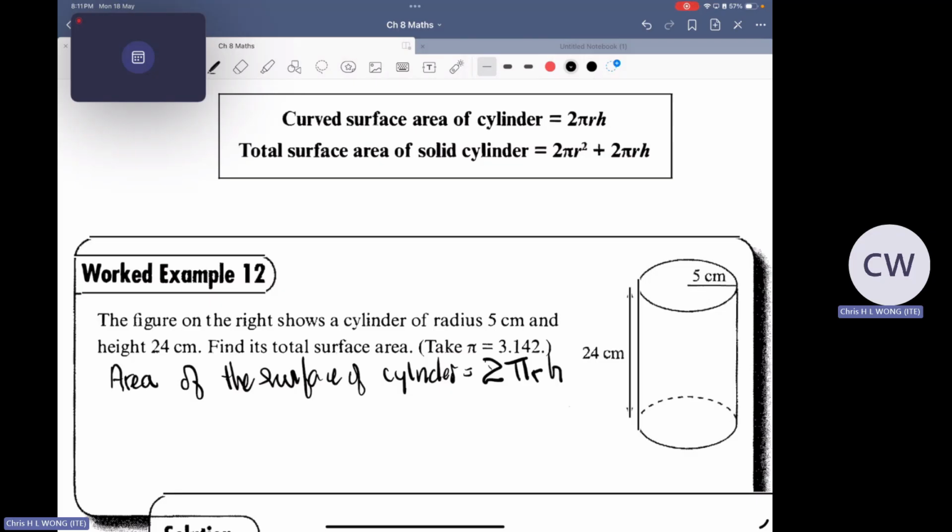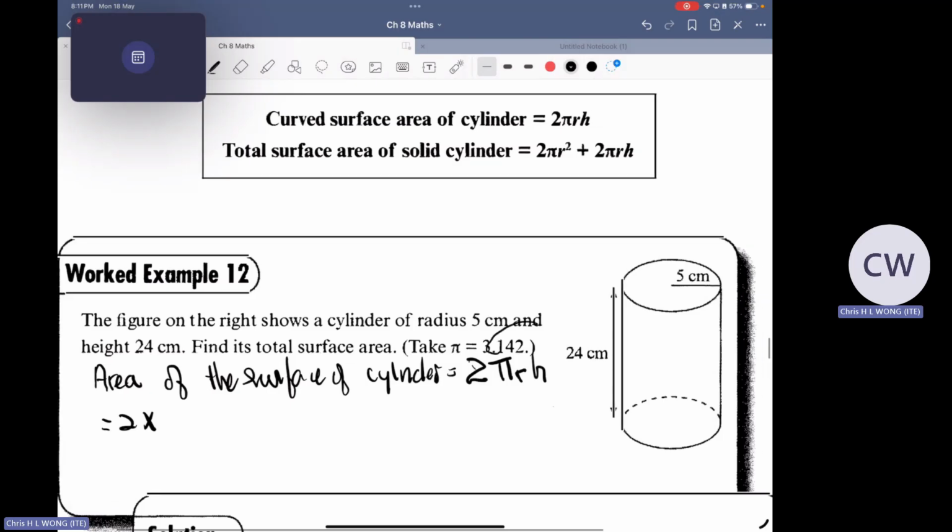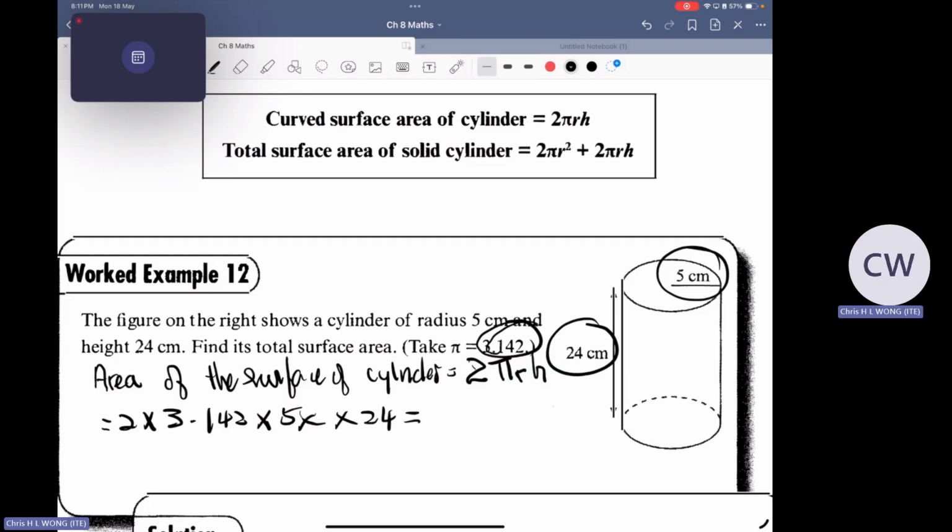That equals 2 times pi, take 3.142, they already say, times r, 5 cm, times the height, 24 cm. That is your final answer. 2 times 3.142 times 5 times 24. Can I have the answer, please?